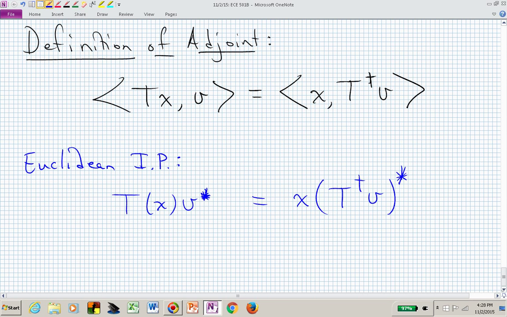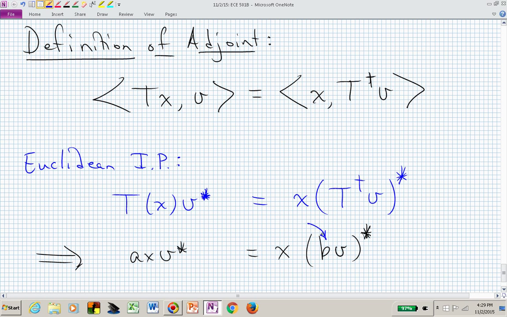So that's just applying the Euclidean inner product with that definition of the adjoint. But what did we say that T of x was? That's just A times x. And so this is now times V star. But that's now equal to x times, well, T dagger, let's say we don't know what that is, but we know it's going to be some scalar B times V, and then we'll complex conjugate.